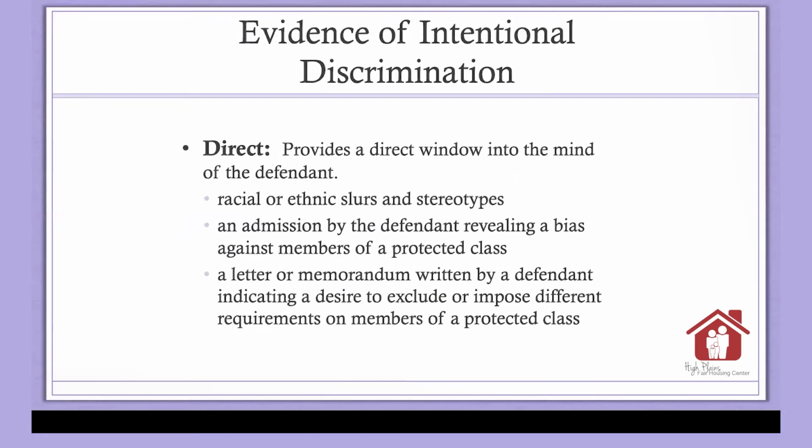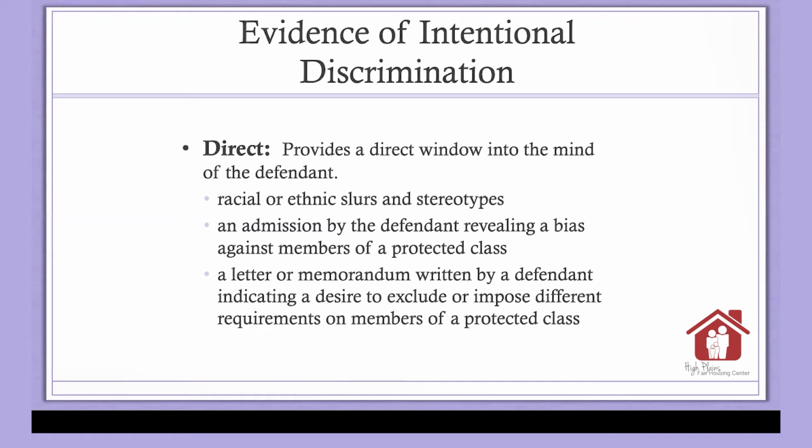So what are some examples of direct evidence of intentional discrimination, how a plaintiff would go about attempting to establish that the defendant's legitimate non-discriminatory reason was actually pretext?